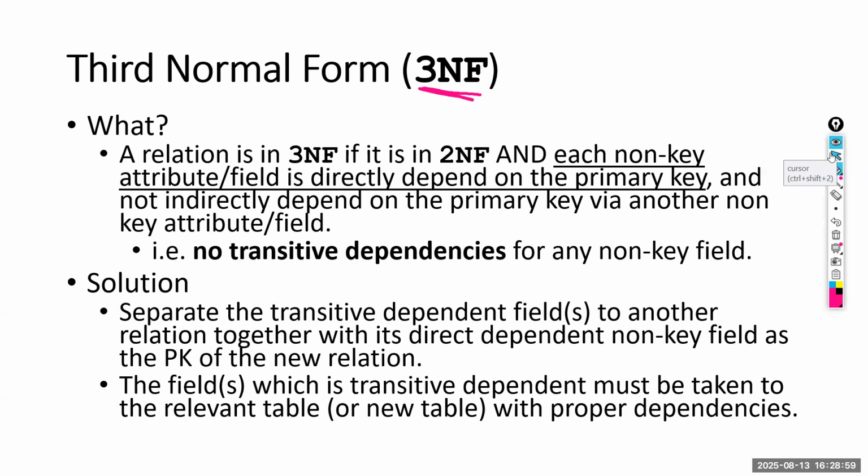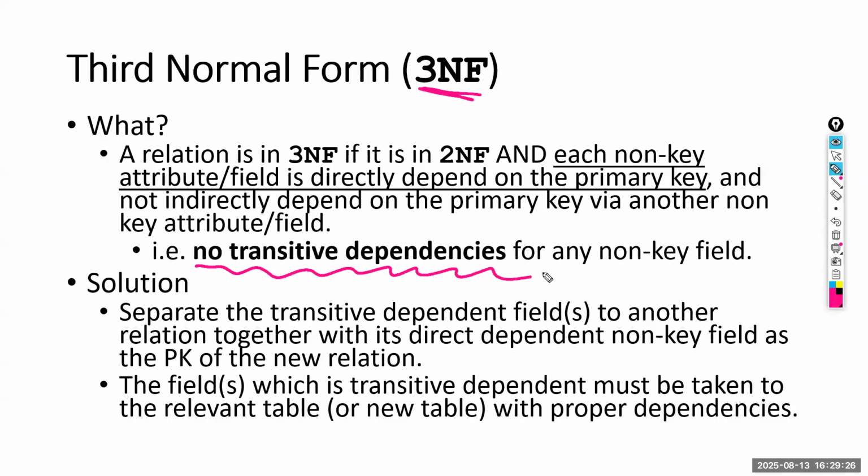Likewise, the short form for third normal form is no transitive dependencies. But let's define it as a sentence. The short form is no transitive dependencies. So what is the formal definition? This is a casual definition: no transitive dependencies.